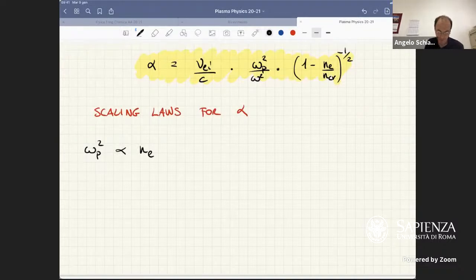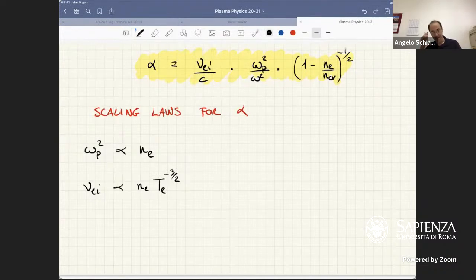Then let's remember that the collision frequency that we have in there is proportional to the electron density and to the temperature of the electron to the minus 3/2.